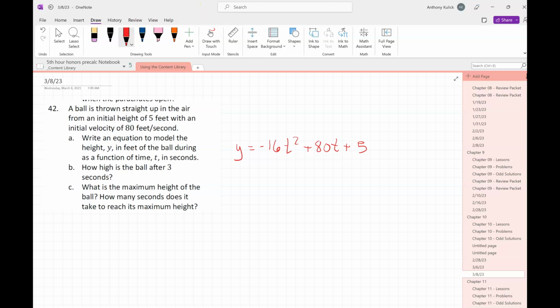So I know that the maximum for this function is going to occur... this is like an upside down parabola, right? So the max is going to be here at the vertex. So I remember for any quadratic, the vertex is negative b over 2a.